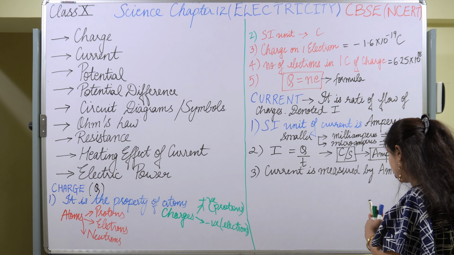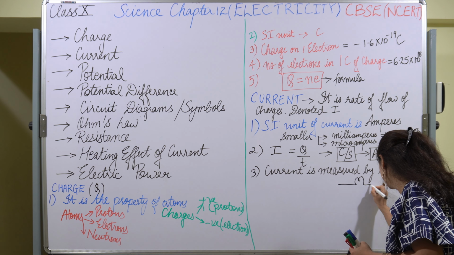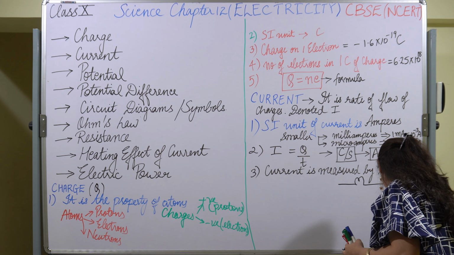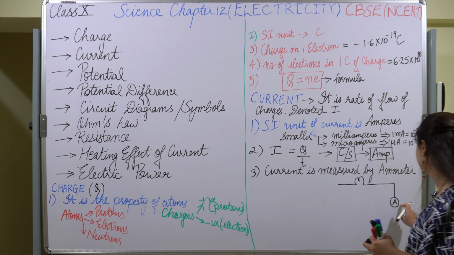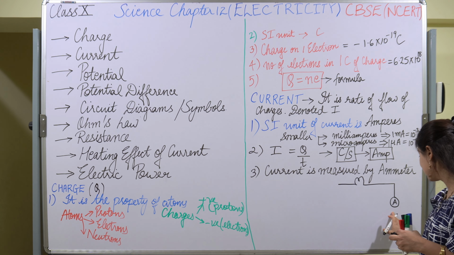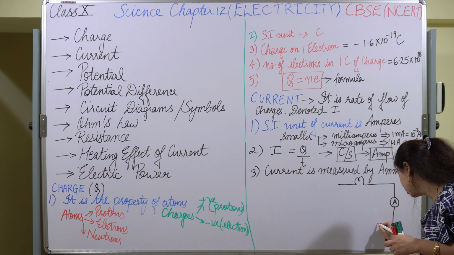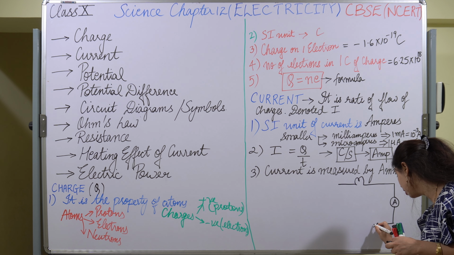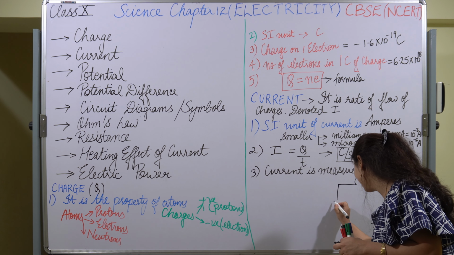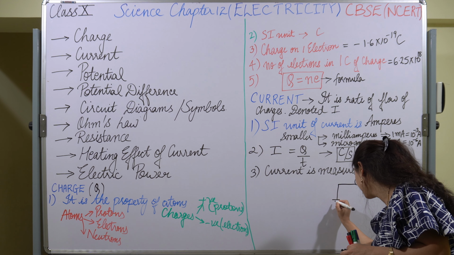Okay, so let us draw a circuit diagram over here. Let us say this is a bulb, then it is connected with the ammeter. We will be learning all the symbols in this chapter, but right now you can understand that this symbol stands for the ammeter. Then there is a key over here, let it be the key K, and a battery connected with the bulb.